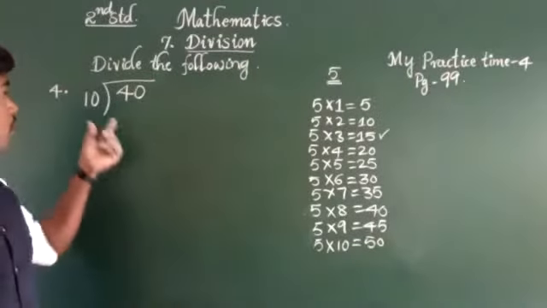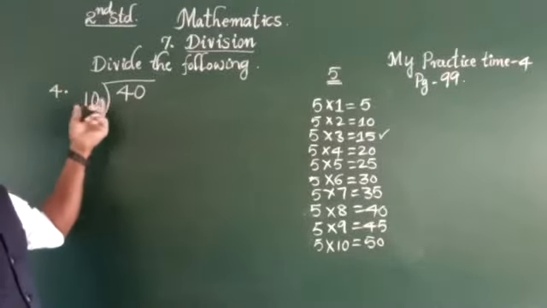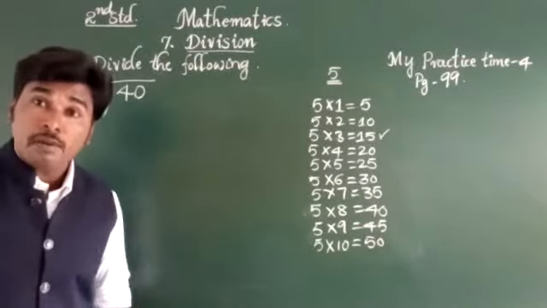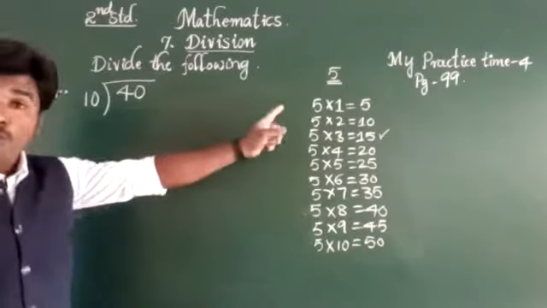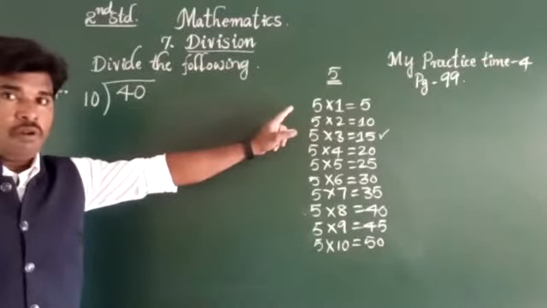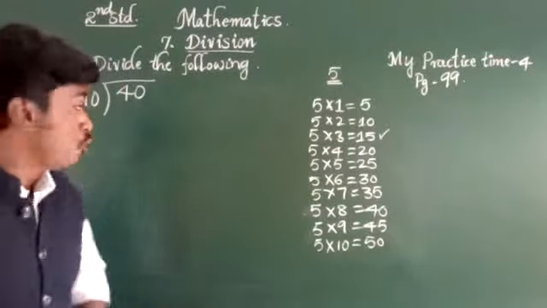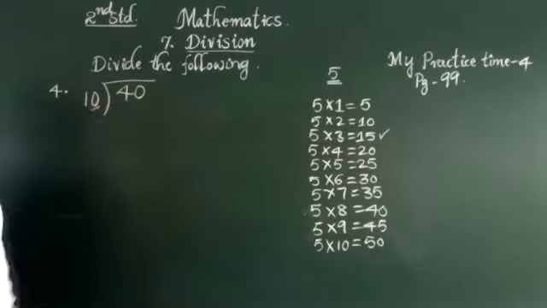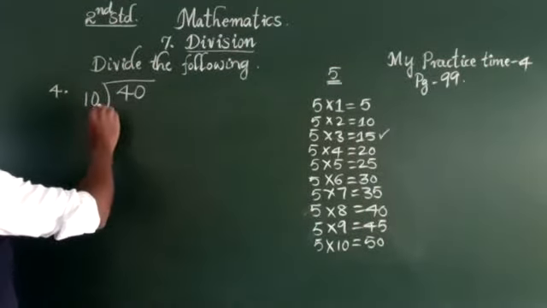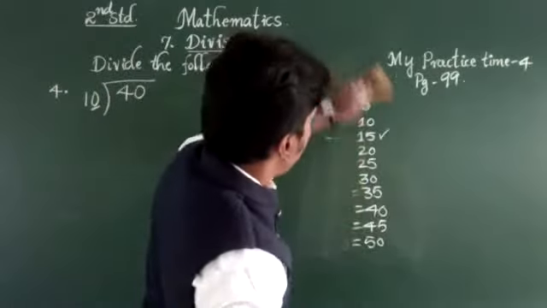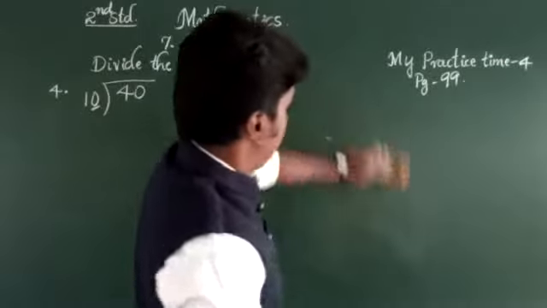Dear children, observe here, 40 is the dividend and 10 is the divisor. Now which multiplication table do you want to write? Does 2 come? No. 5 is also not possible. Now you write the multiplication table of 10. That table has to be written, the number they have given here. So write the multiplication table of 10.